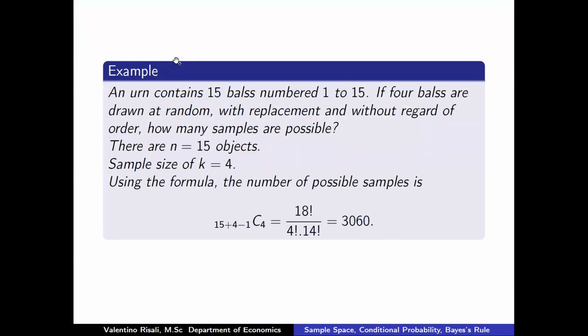As an example, if we have 15 balls and 4 balls are selected with replacement and without caring about the order, we can use the previous formula, and the number of possible samples is this.